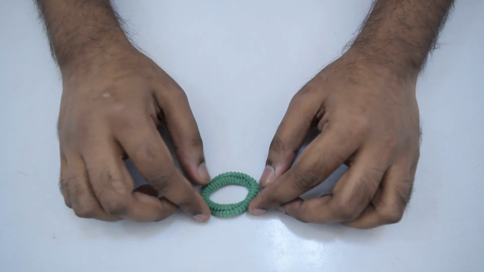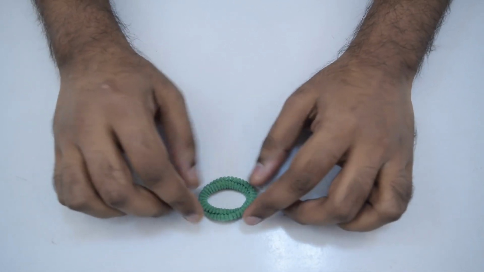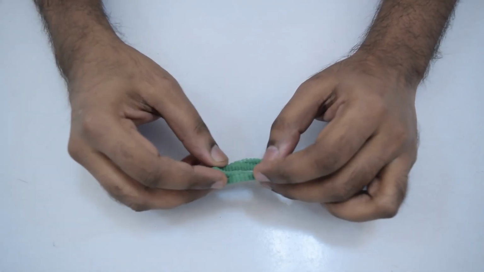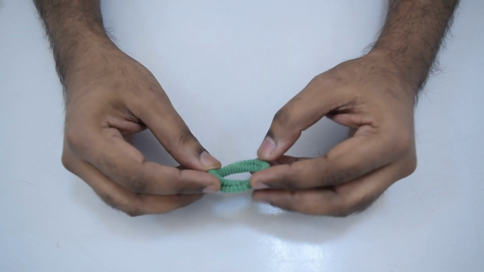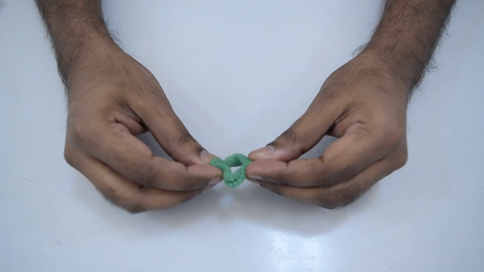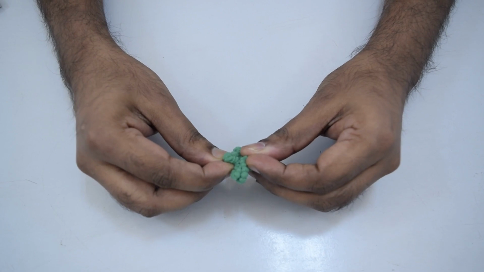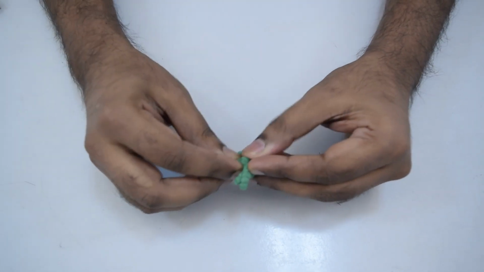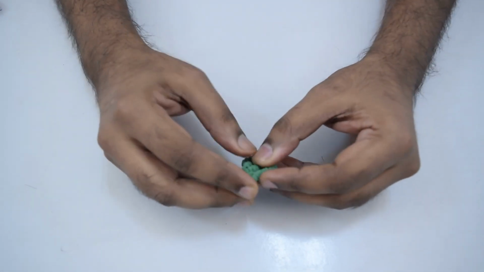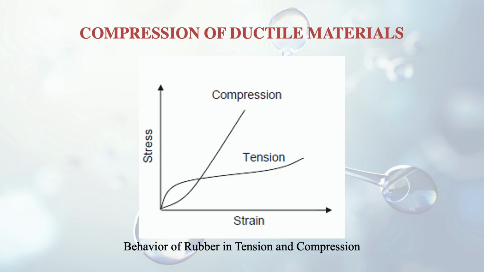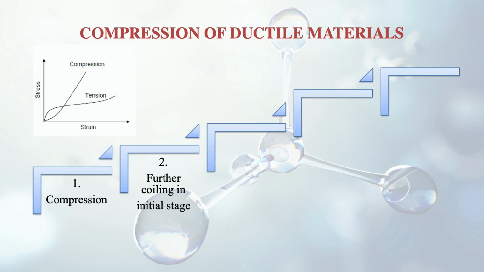Okay, I am giving you a demo about this rubber band, how it acts upon application of compressive stress or compressive load. See, I am pushing it like this. What is happening? It is coiling up, like it was said earlier in the lecture. In compression, further coiling in the initial stage will happen, and then after this coiling, what will happen?